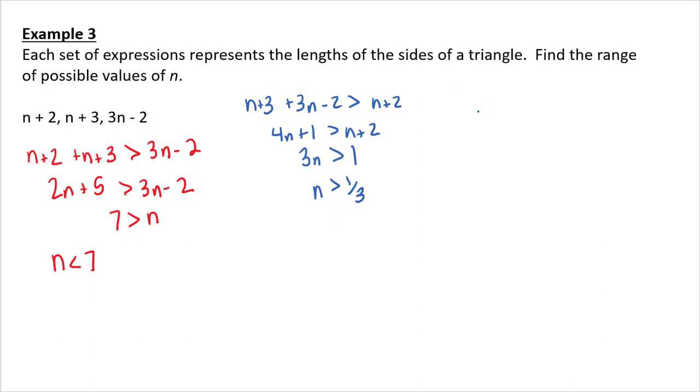And now lastly, we have n plus 2 plus 3n minus 2, so 4n, has to be greater than n plus 3. I subtract, I get 3n greater than 3, n is greater than 1.